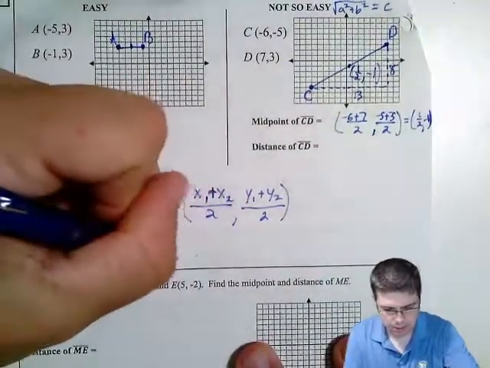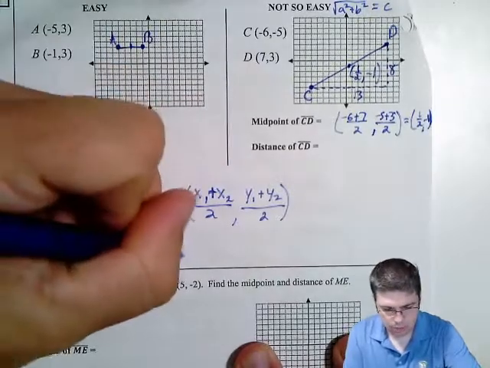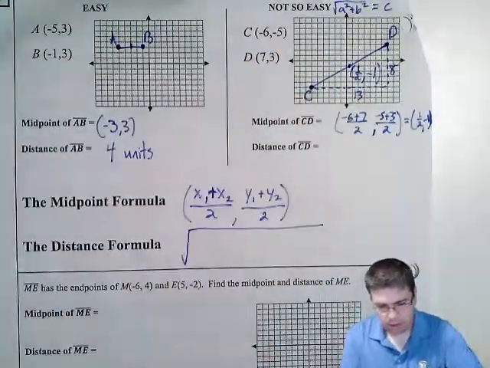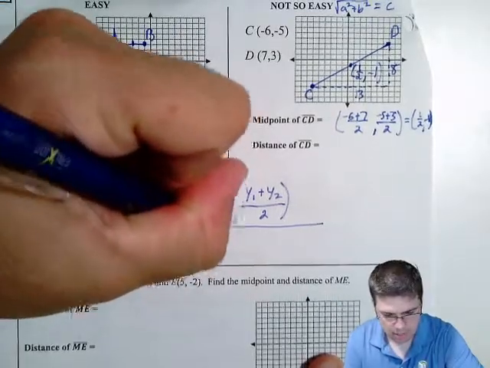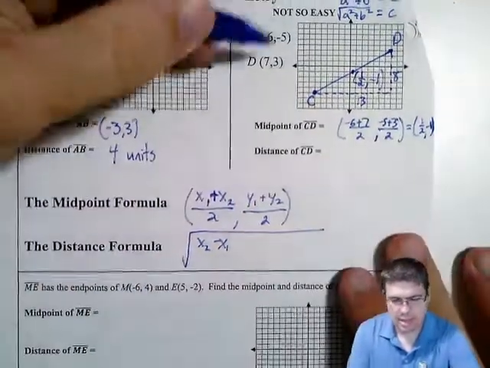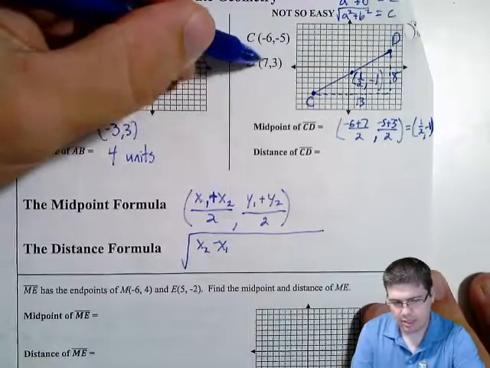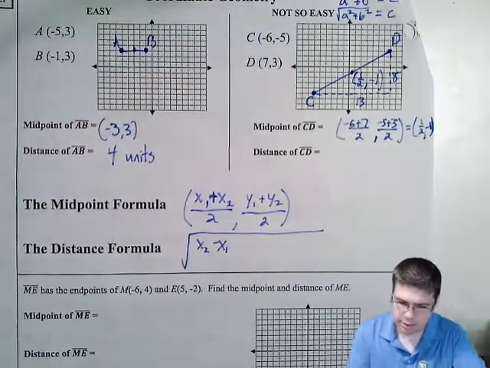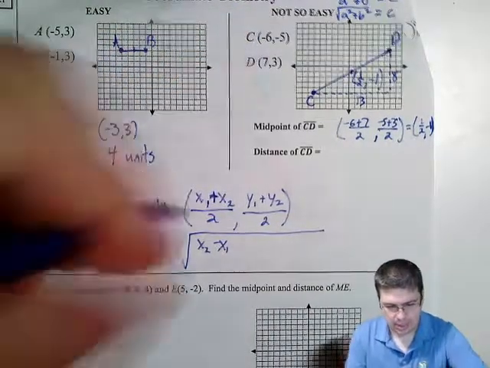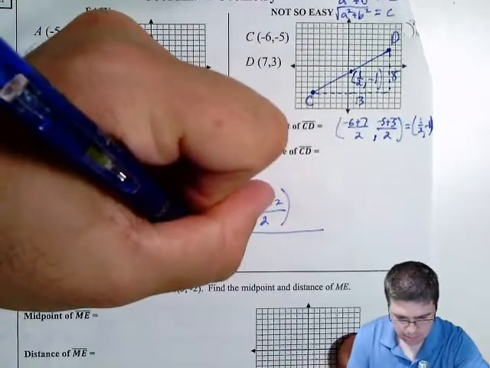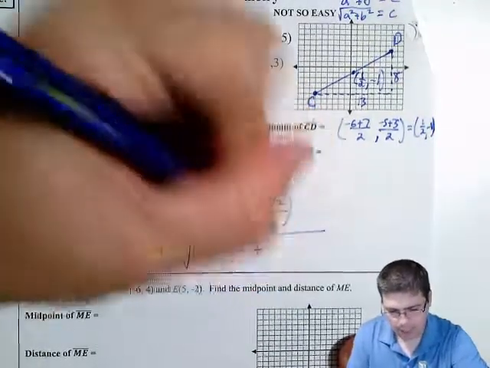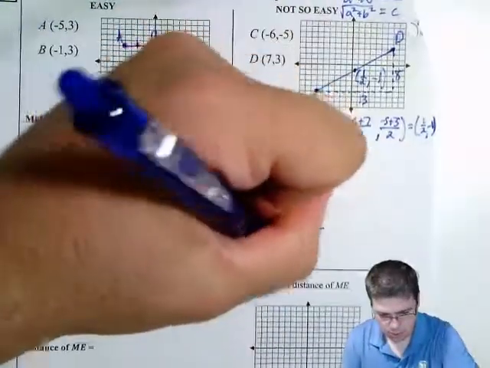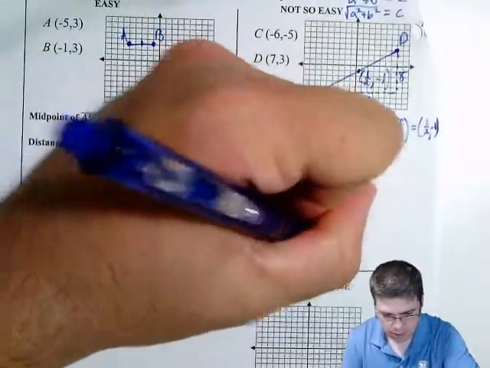Our distance formula is going to do the square root of the two distances. So this is where I was going to do this, x2 minus x1. That distance from -6 up to 7 would be 7 minus -6, and so we get that distance, and then squared, plus the vertical distance, so this would be y2 minus y1.